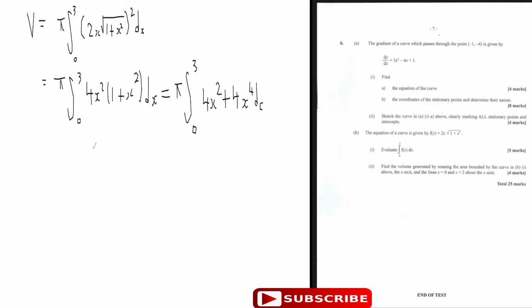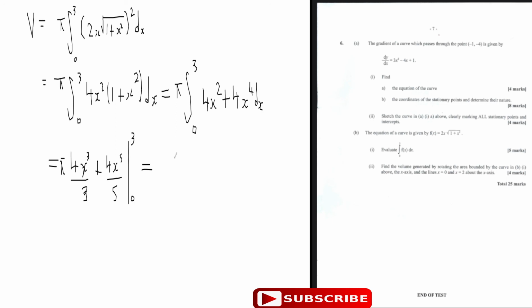Then I'm able to integrate by adding 1 to the power to get 4x cubed over 3, plus adding 1 to the power, 4x to the 5th over 5, and I'm integrating from 0 to 3. Remember all of this is multiplied by pi.